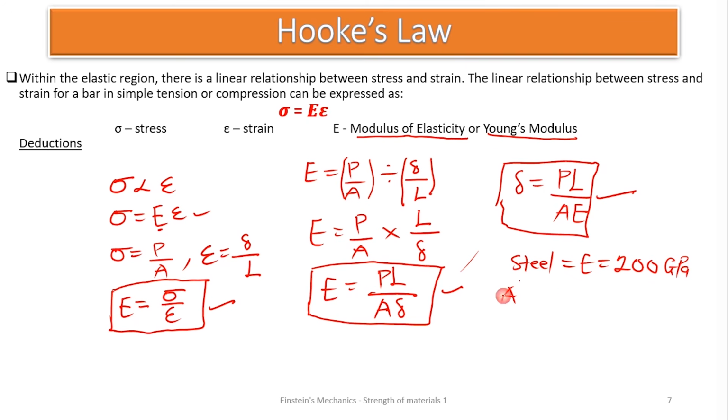And aluminium is the E, 70 gigapascal. Wood. These are the materials likely questions can drop about. E will be 11 gigapascal.